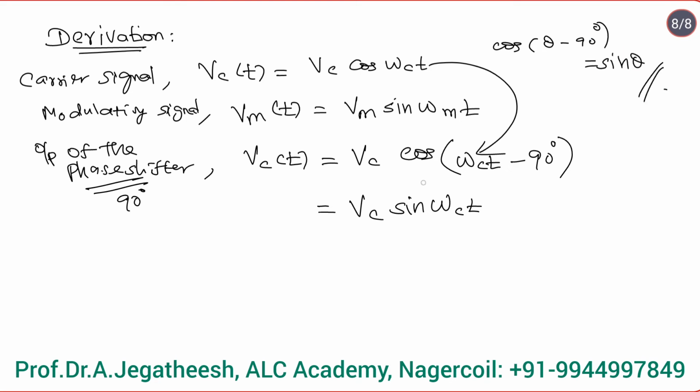So cos omega ct minus 90 can be written as sin omega ct. This is Vc of t.